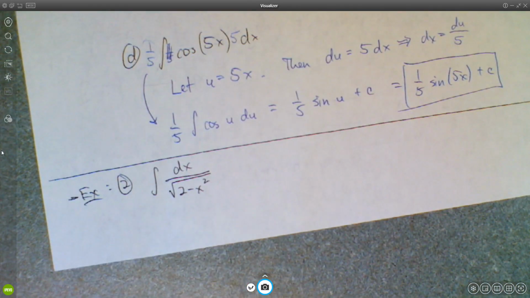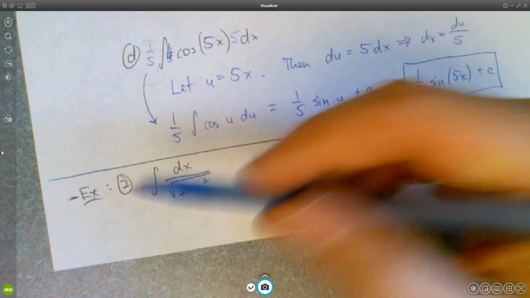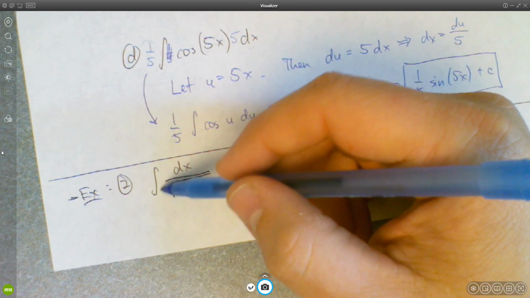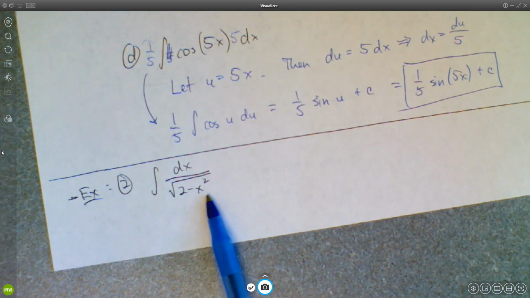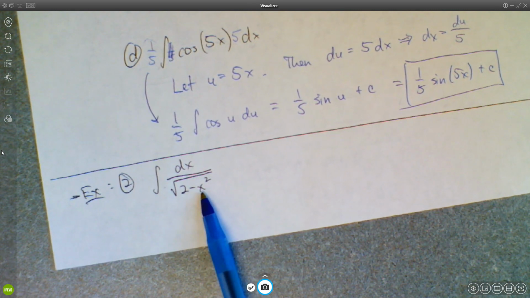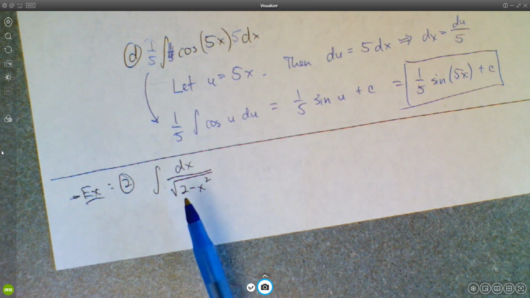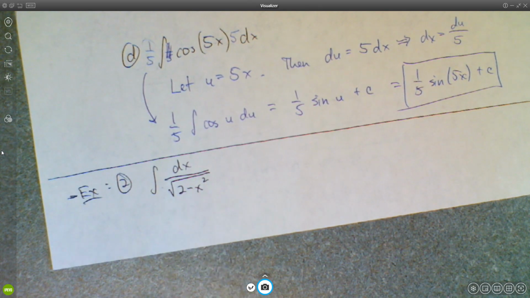Okay, so this is a sine inverse format. I know that because for one thing I don't have an x on the outside of the square root, and for another thing I'm doing the subtraction as number minus variable rather than variable minus number, right? So this is a sine inverse format.